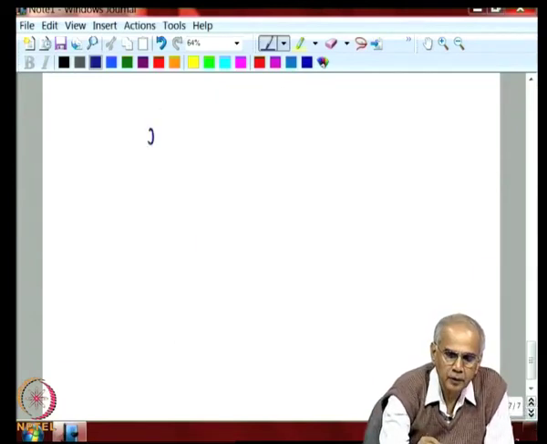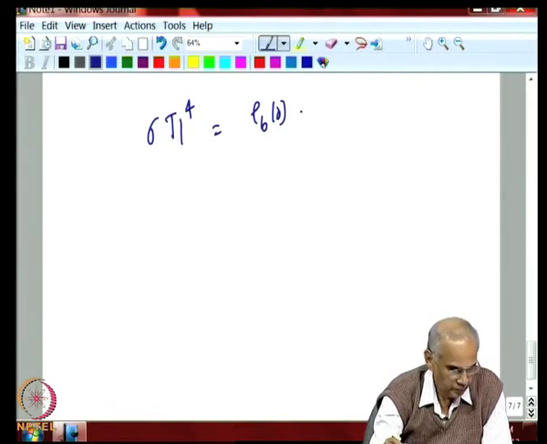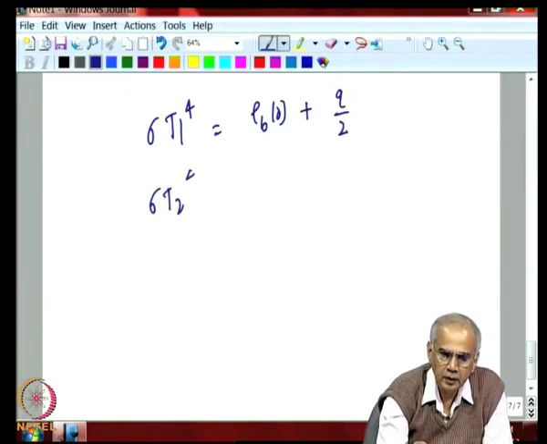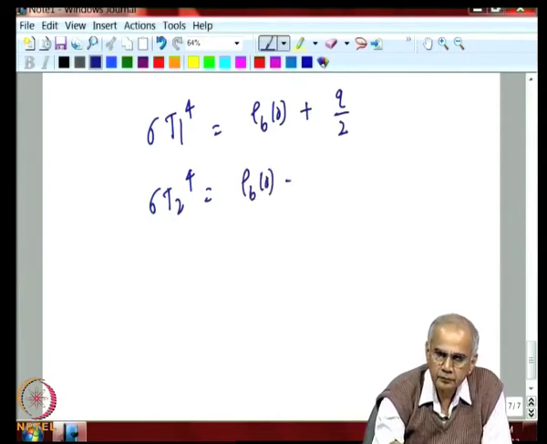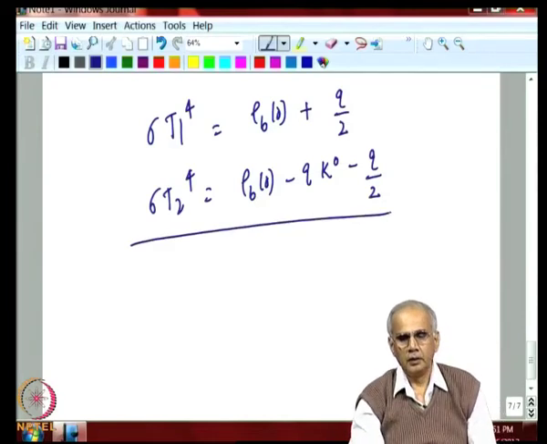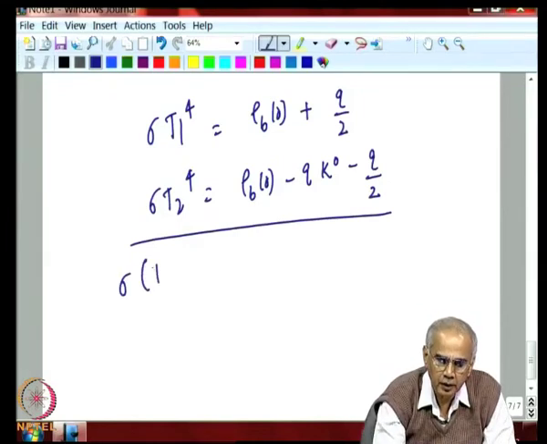Now, if you substitute these, let us go to the next page. We will say sigma T 1 to the power of 4 is equal to E b of 0 plus Q by 2. This we know already. Now, the second we are going to change to read like this: we replace E b of kappa 0 with E b of 0 and Q kappa 0 minus Q by 2. Now, we want to find what Q is. So, you subtract here. So, you get sigma T 1 to the power of 4 minus T 2 to the power of 4.